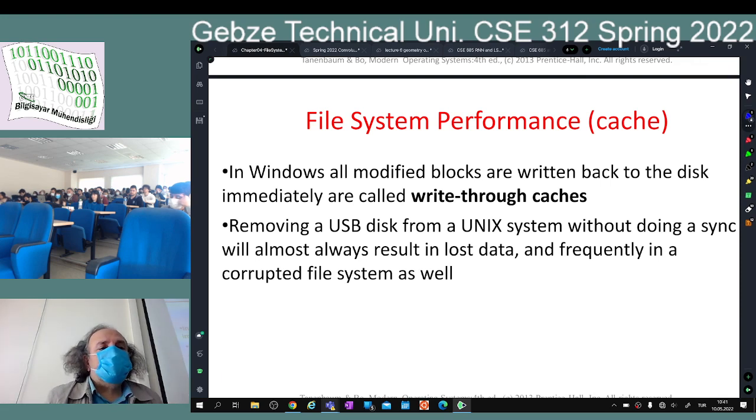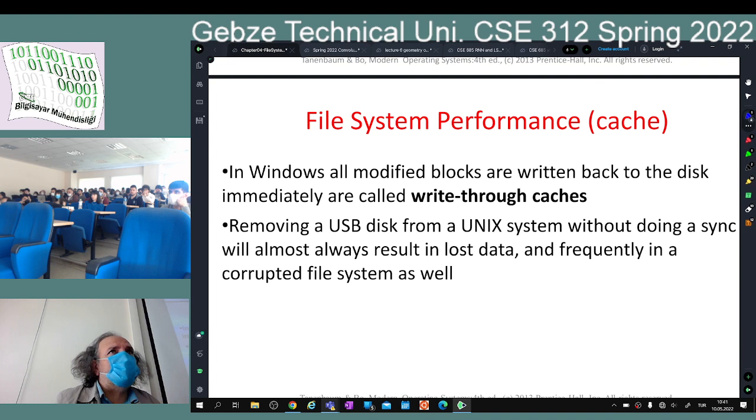Okay, so some systems, for example Windows, say that I will be on the safe side. I will never keep any dirty cache entry. All the cache entries that I am keeping in my cache are referenced, but they are not modified.